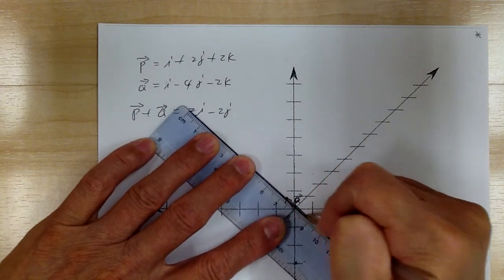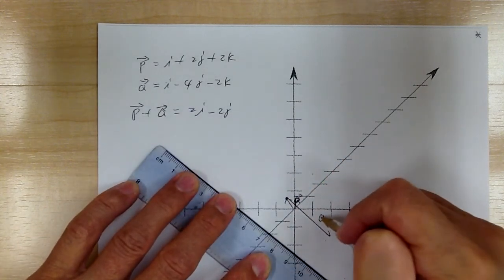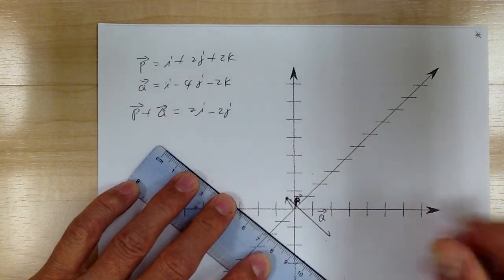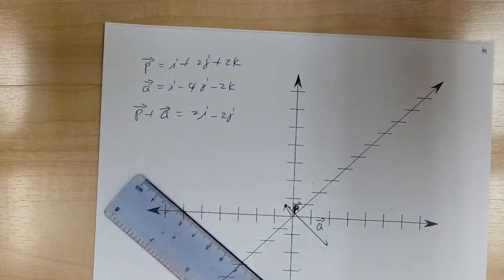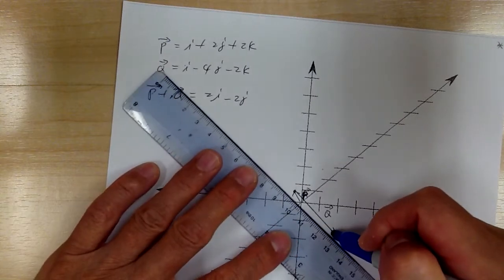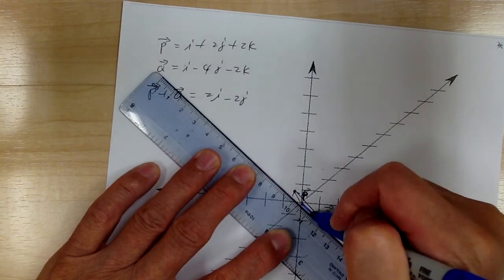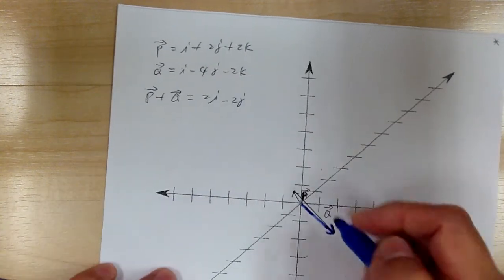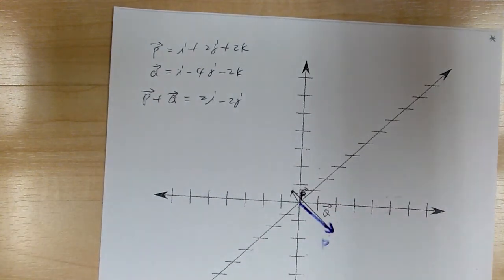Okay, so that's the Q. So this is P, so P plus Q. Your net result, P plus Q, is going to be like this part right over here. Okay, so that's the P plus Q.